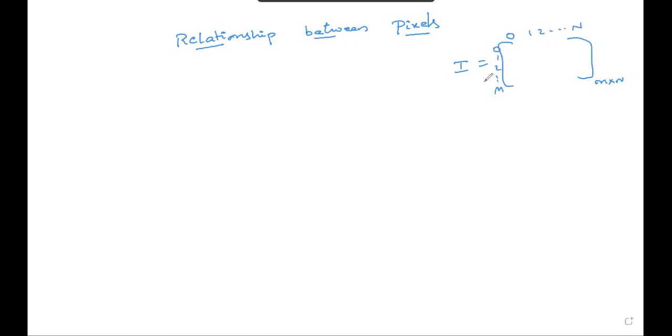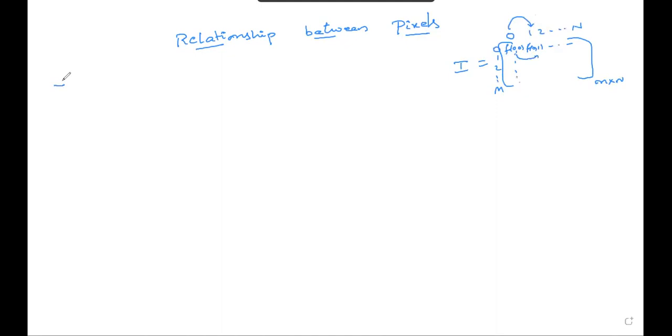Each one is represented with f of 0 comma 0, f of 0 comma 1, and so on. Now you have to find out the relationship between these pixels. What is the relation between them?